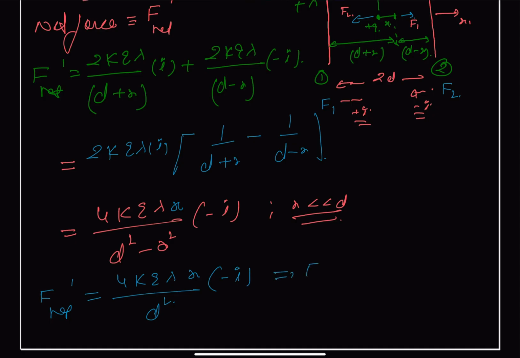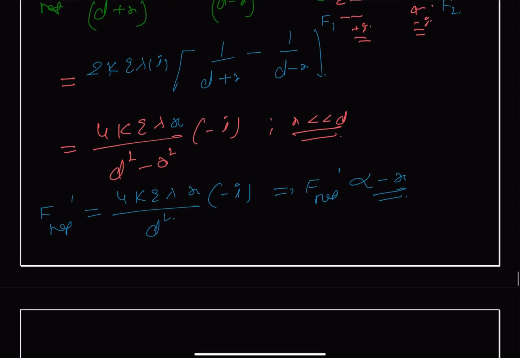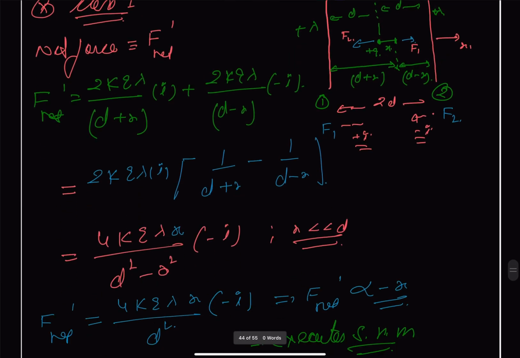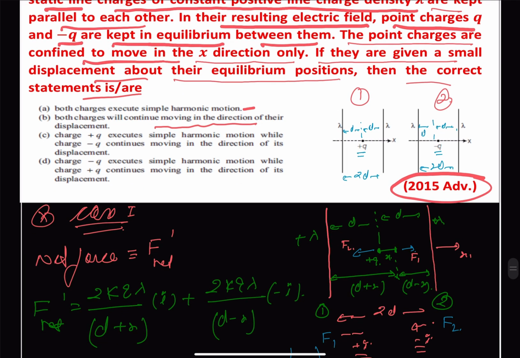Therefore from here we can say that our net force prime is proportional to the negative of the displacement, or in terms of acceleration also in the opposite direction. So therefore it is going to act as SHM. So we can say plus Q executes SHM.